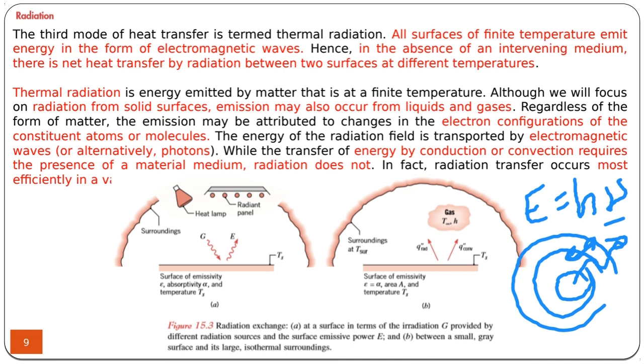Actually, only a small part of it is visible light. There is all kinds of spectrum coming from the sun, but we only see some portion of it. This portion has a wavelength between 0.4 and 0.7 micrometers.